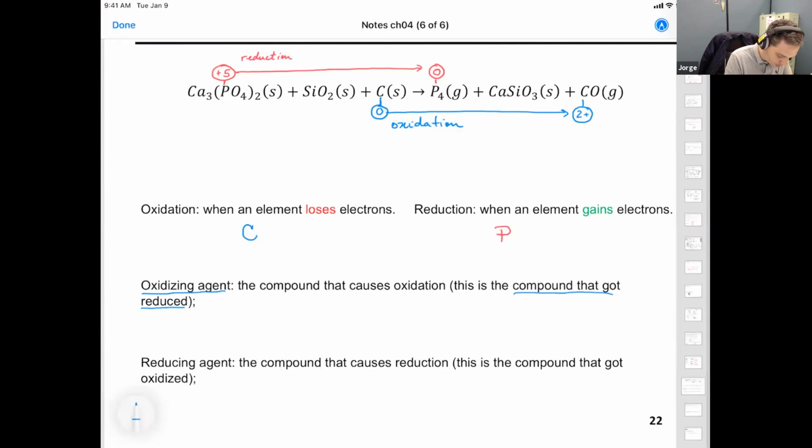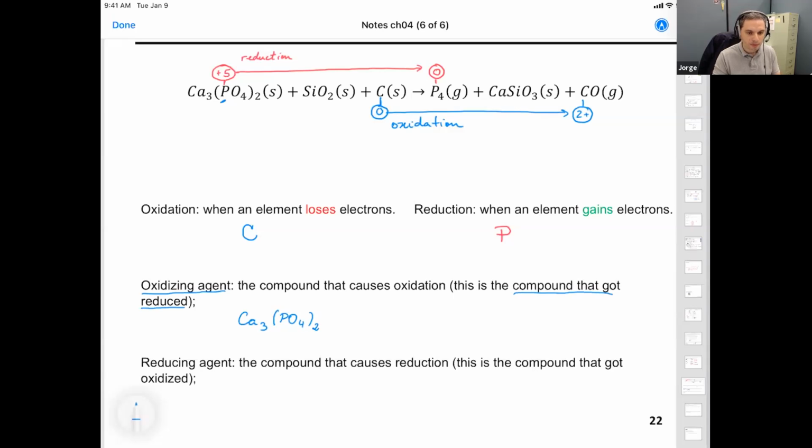Who got reduced is phosphorus. Therefore, calcium phosphate is going to be our oxidizing agent. You may imagine the oxidizing agent as the molecule that causes someone to oxidize.